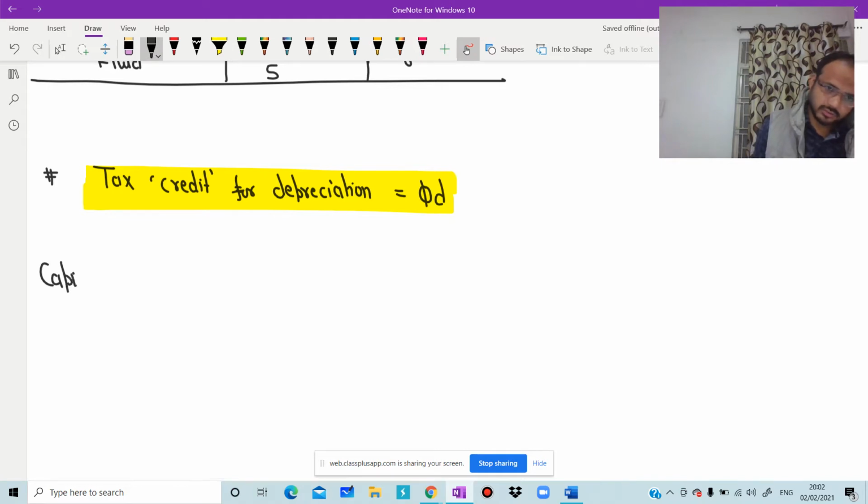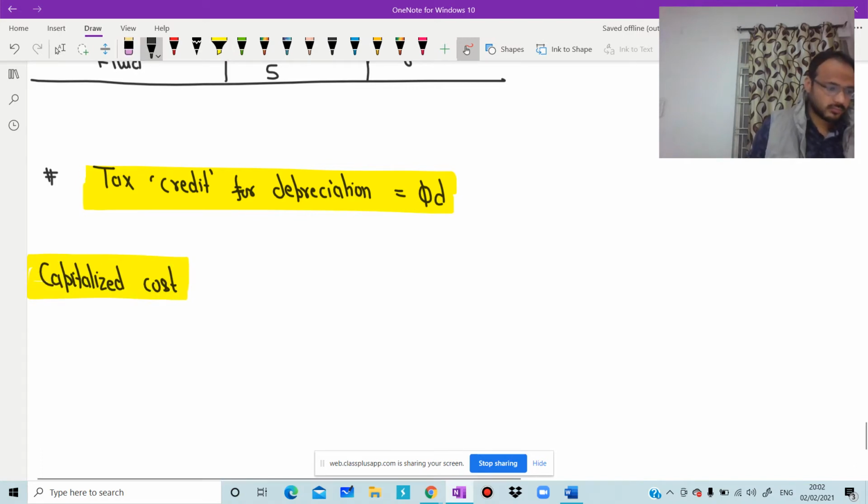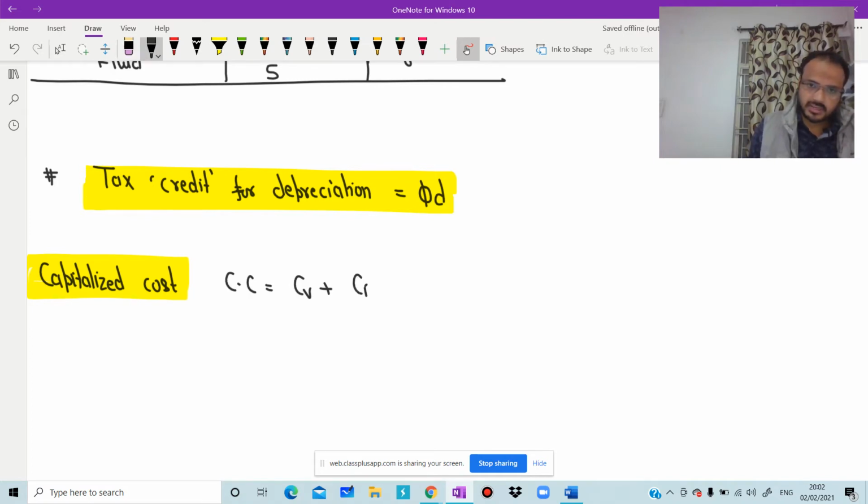Next one is capitalized cost. CC is equal to CV plus CR divided by 1 plus i to the power n minus 1, where CR is equal to CV minus CS.